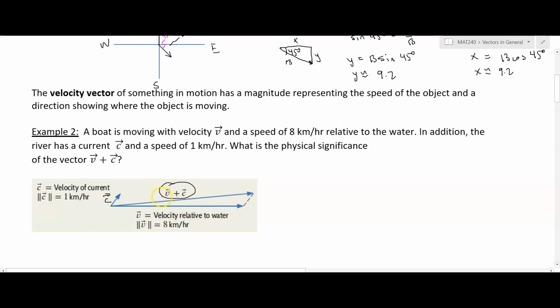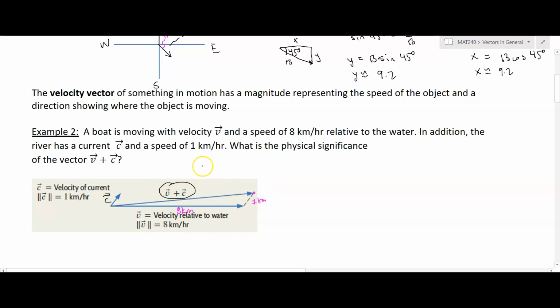Well, we've already established that if we think about the 1 hour picture, over the course of 1 hour, the current should take you 1 kilometer in whatever direction that is, right? So its length is 1 kilometer an hour. We're not really told what the direction is, we're just given the picture. And the boat is going to move 8 kilometers this way. So what that means is if you sum these two vectors, you should end up wherever this point is right here over the course of 1 hour.